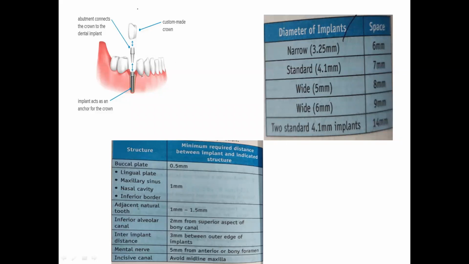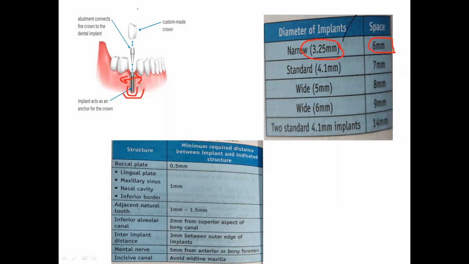For example, this edentulous space, this space where we do not have any of the tooth present.